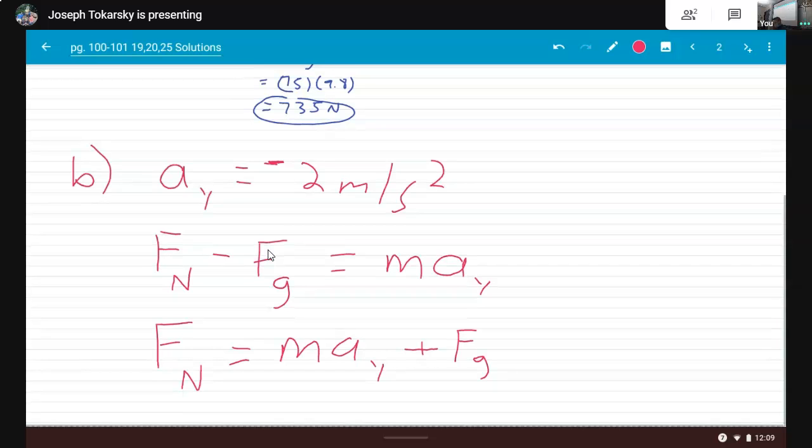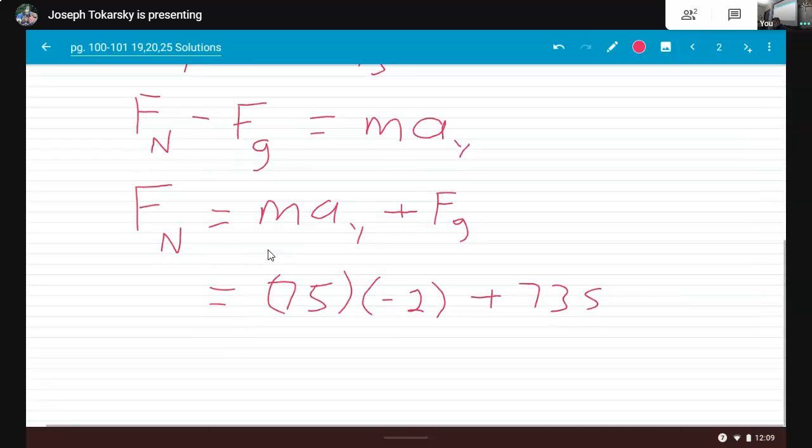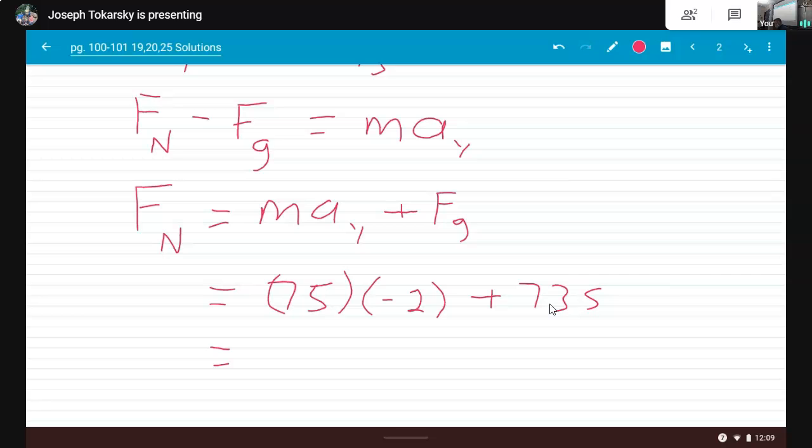So we could just say 75 times negative 2 plus 735. We could see that this term is going to be negative, which will actually subtract off the 735. So we had negative 150 plus 735, and that comes out to be 585 newtons.